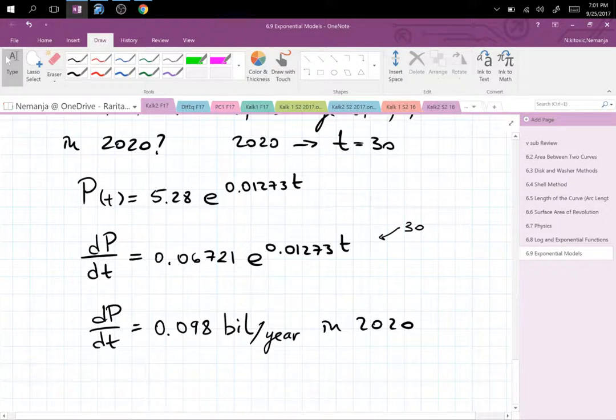The units must be number of units, in this case people, divided by 1 year, right? So in 1 year, and this is calculated for 2020. If you change that 30 to any other number, clearly you are getting a different number. You're not getting 0.098. You will get something else for that particular year. That's how many people we gained in that year.